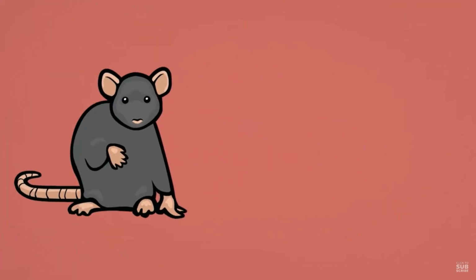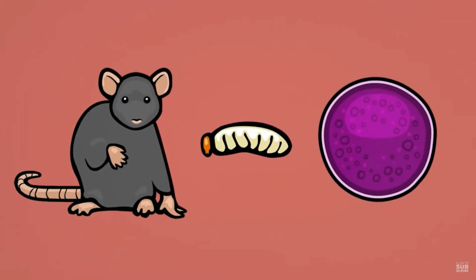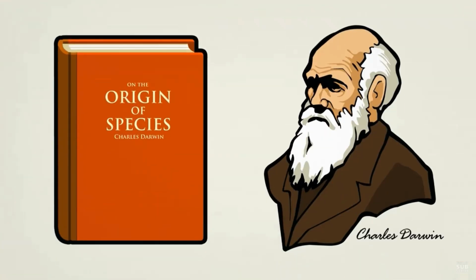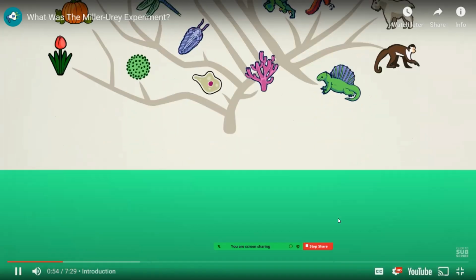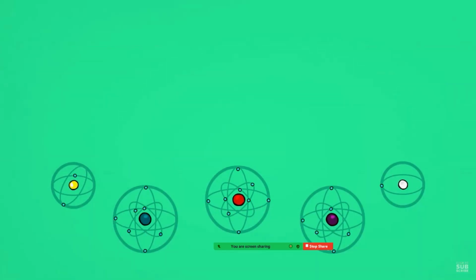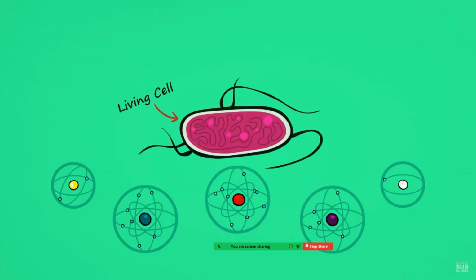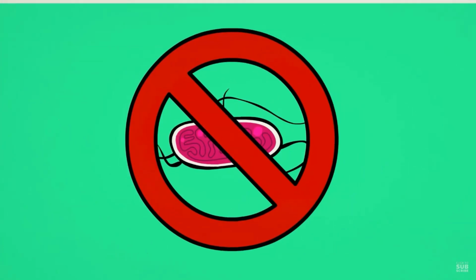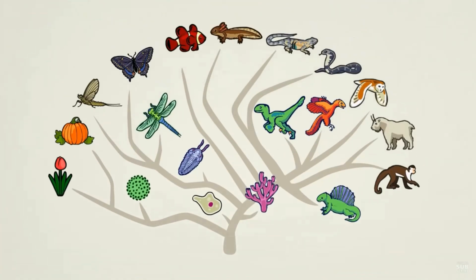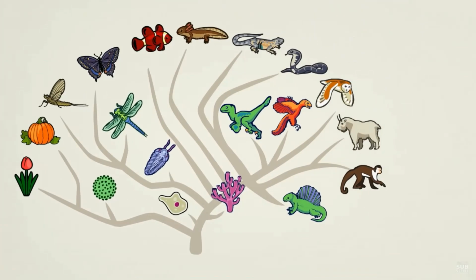It's true that rats, maggots, and even microbes are far too complex to simply poof into existence, but in 1859, English naturalist Charles Darwin put forth the theory of evolution. In it, he showed that under the right circumstances, relatively simple creatures can gradually give rise to more complex creatures. Given this information, serious thinkers began to wonder, is it possible that simple life forms actually could come from non-living matter? Not by poofing into existence, but through a natural gradual process similar to what we see in biological evolution.